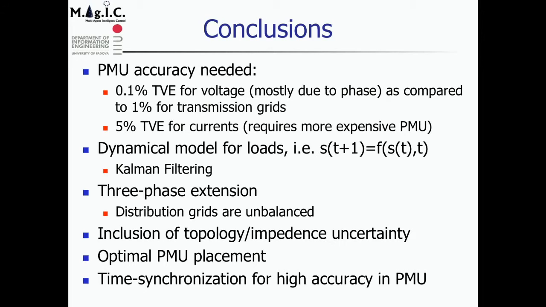Also, it's important to add dynamical modeling for the loads in order to apply a Kalman filter and improve the performance. And again, I told you that it's very important that we address the three-phase problem from the very beginning. We also need to include the topology and impedance uncertainty, but since the model is linear, I think there is good hope that we can manage that.